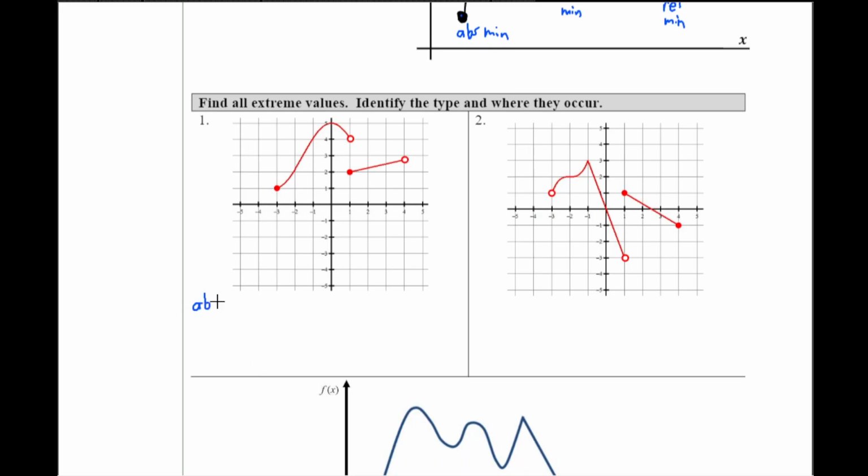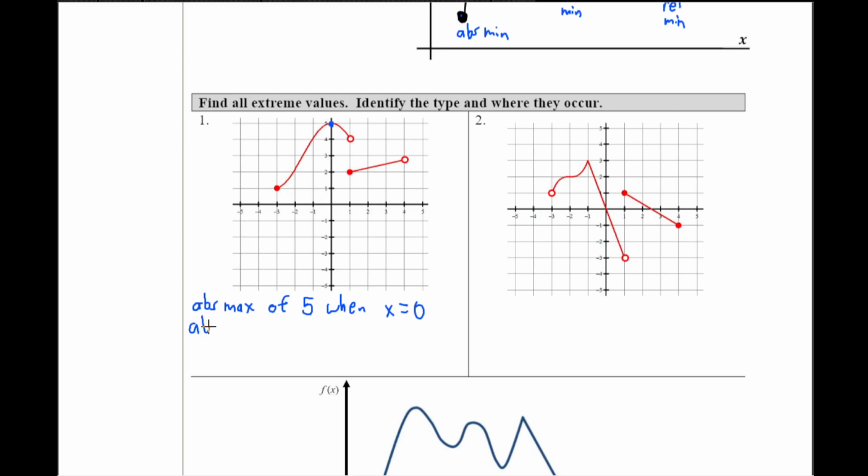So the absolute max here, the highest point on the curve on this graph, is right here, and that's a y value of 5 when x is equal to 0. The absolute max is 5 when x is equal to 0. When x is 0, y is 5.